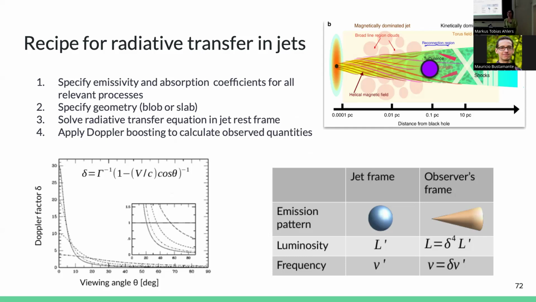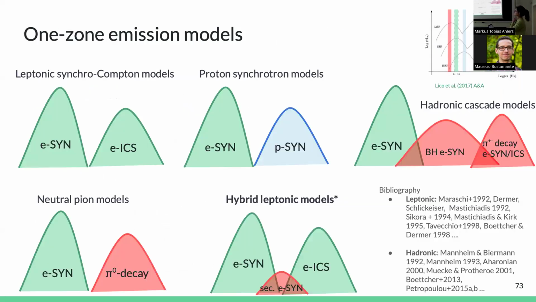Yeah, so boundary conditions. I'm going to show you what type of equation we're solving, and I will get to that. Before that, just to give you a sense of the different flavors of models that we have when talking about AGN modeling.